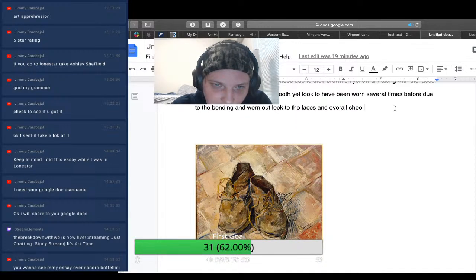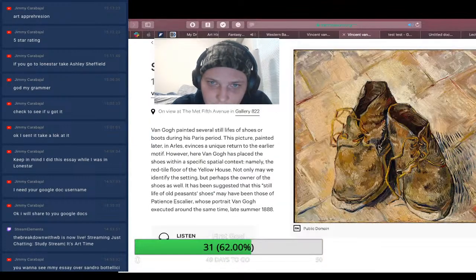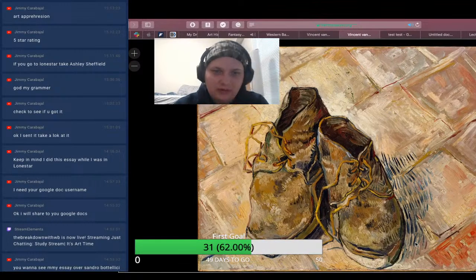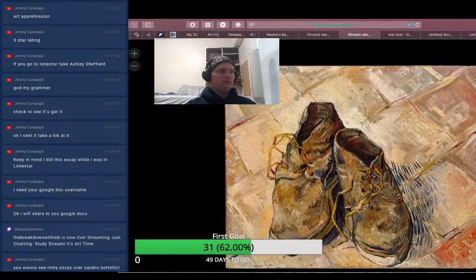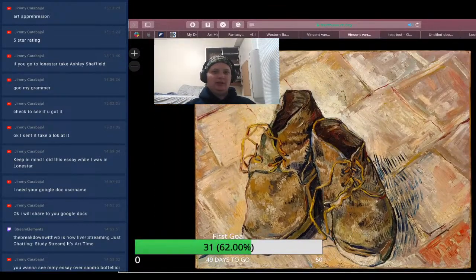Now we'll go back to look at the thing we have to talk about, which is this piece here. I'm going to talk about this sucker here. As I was saying earlier, it seems to me that this is a shadow of the shoe, so we're going to definitely have to talk about it being a shadow of the existing shoe. It looks like the light is coming from this direction and a little bit up here as well, because you can definitely see the shadows in between the shoes as well as the shadow underneath the shoe, because obviously the tops of the shoes are blocking the light, as I was suggesting earlier.